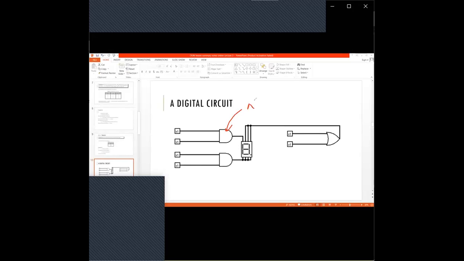The conjunction we'll be looking at is called an AND gate, in computer architecture or digital electronics. Then we have the OR gates, which is the disjunction. This is an OR gate.